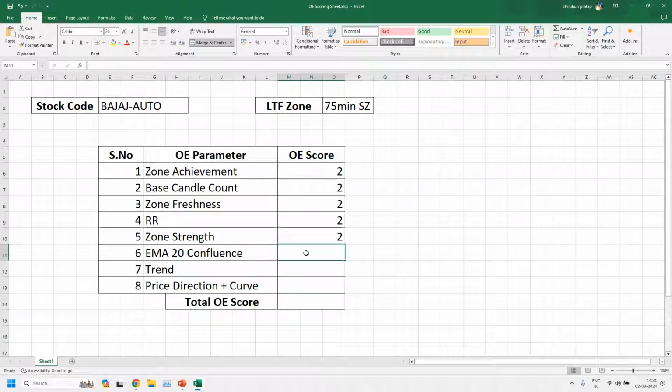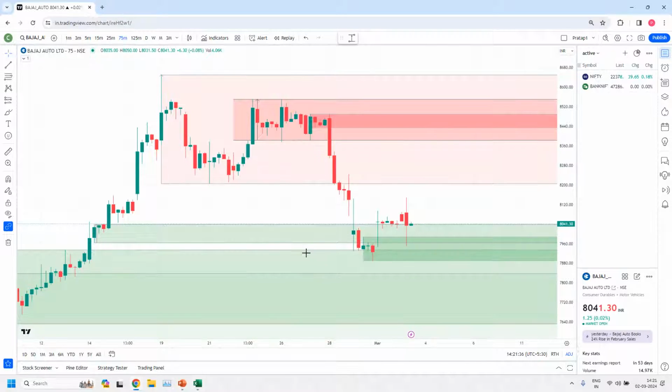What about EMA 20 Confluence? Who should have EMA 20 Confluence? Our supply zone should have EMA 20 Confluence. Because 75 minutes EMA you cannot take. You can either look for your ITF Confluence or HTF Confluence.